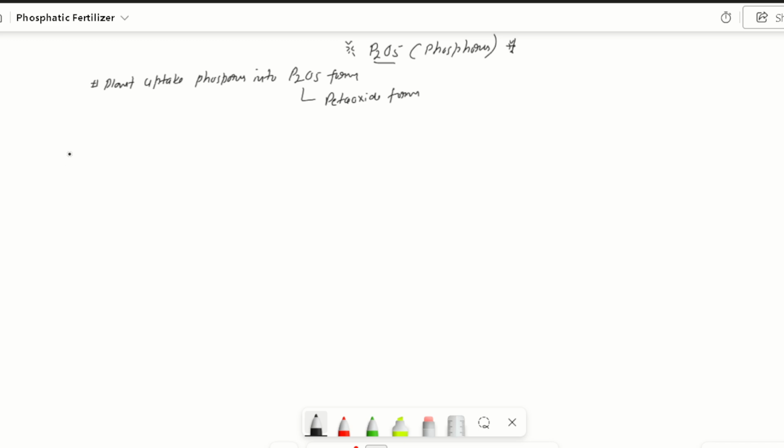So there are more types, which is H2PO4, second one is HPO4, and next one is PO4.